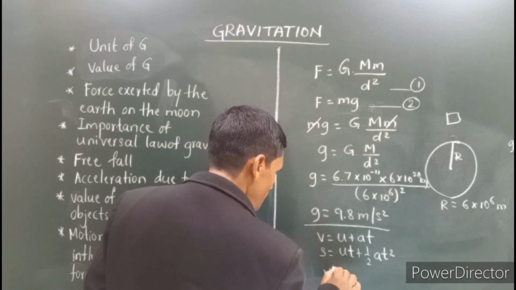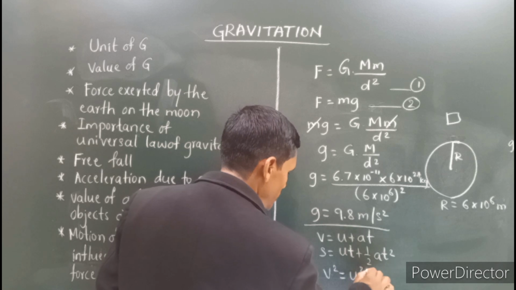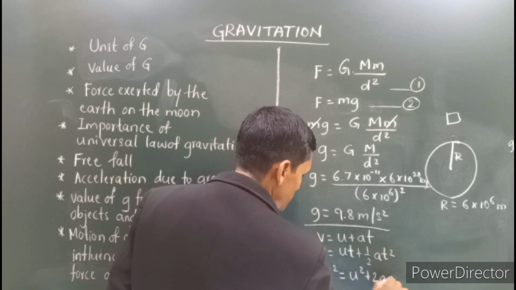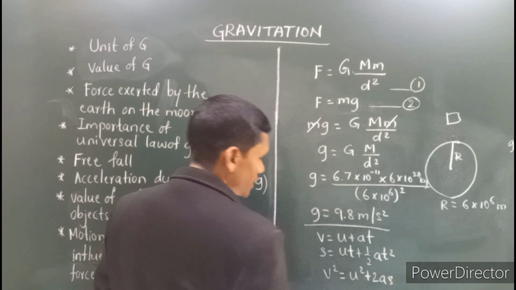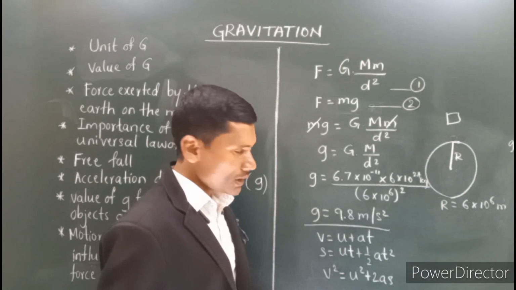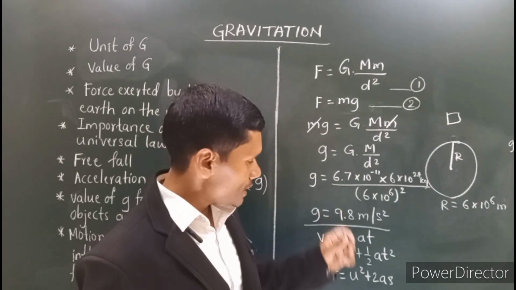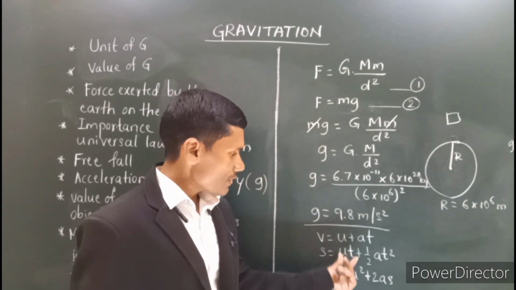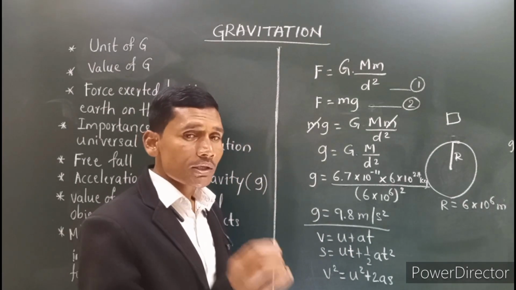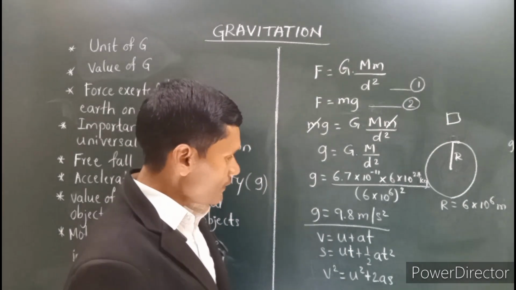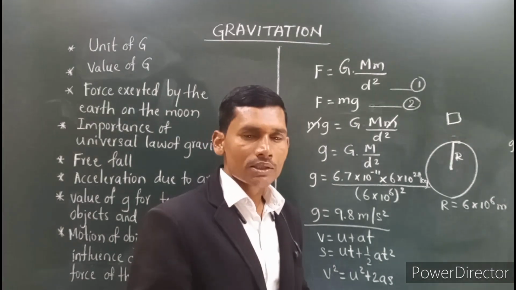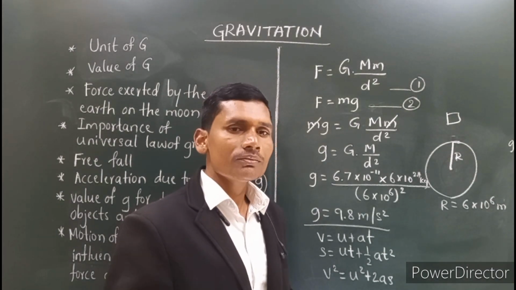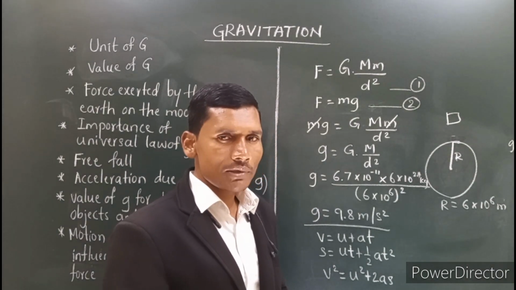Next one, v square is equal to u square plus 2as. Now these equations are applicable for objects which are moving on the earth, right? These are the equations of motion.